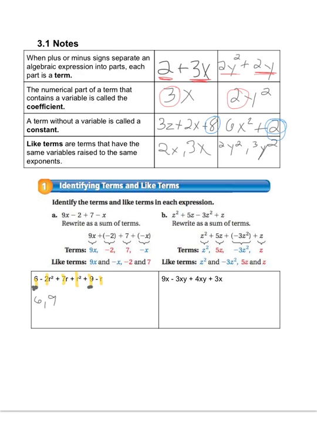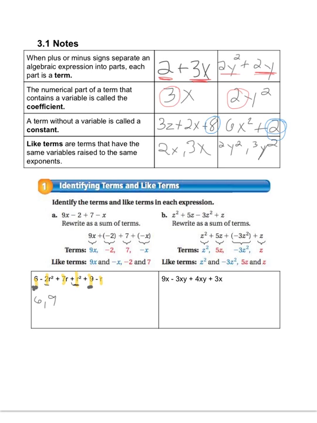Next, I'm going to look at my second term. My second term is 2r squared. So I'm going to look and see if there are any other terms that have the same variable r raised to the second power. And if I look here, I see I have my 2r squared. 7r would not be the same because it is not raised to the second power.